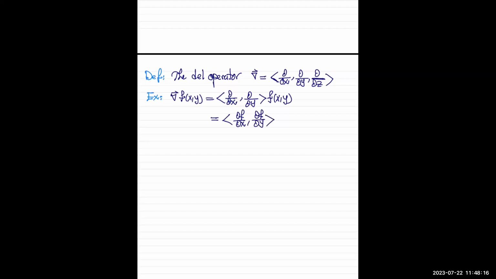It seems as if this is being multiplied by f. That's not correct. It's acting on f. I know this is a little weird, but again, this vector is not really a vector that is measuring anything. So what does this give us? It gives us the gradient of this function. Okay, del acting on a scalar function gives you the gradient of the function.